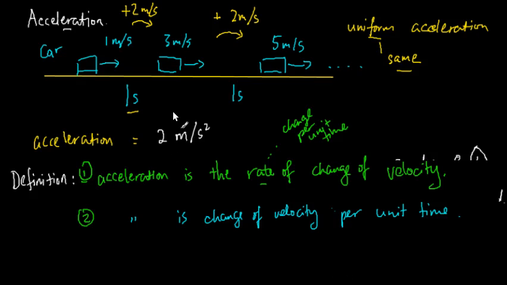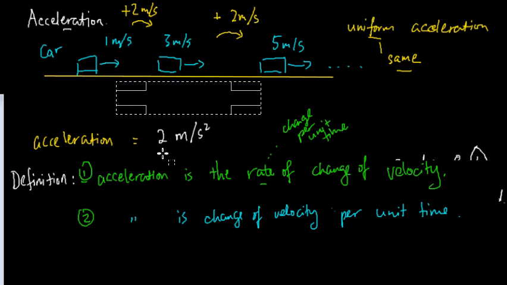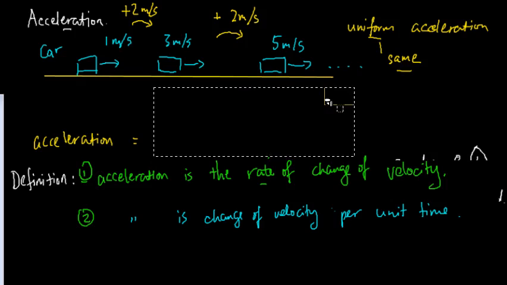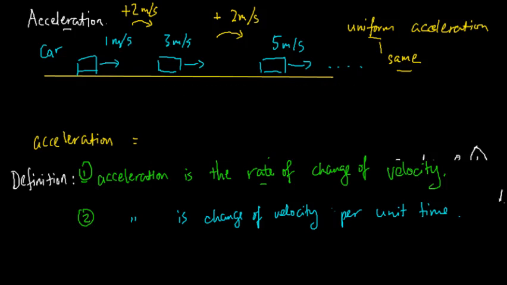Okay, let me go back to my previous example. Now I'm going to look through this again and think about how to calculate this, but I'm going to modify the example a little bit. I'm going to change those times.